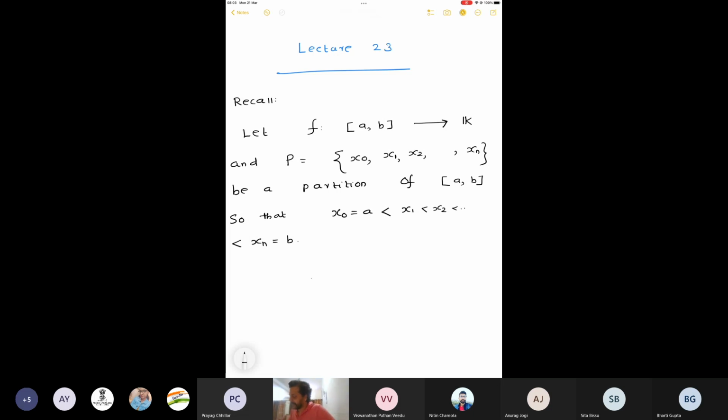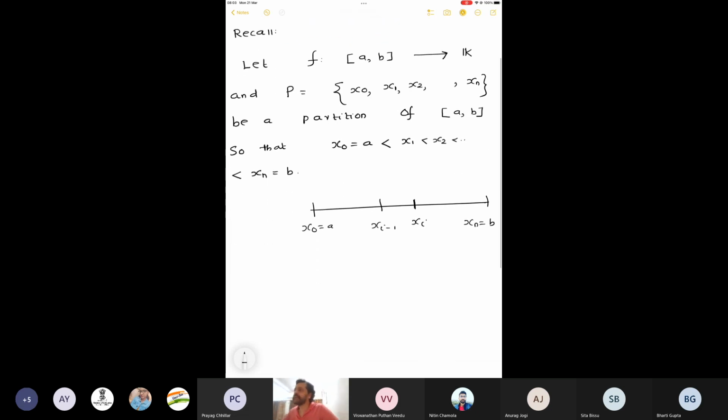You consider a typical subinterval introduced by this partition. Let us say xi minus 1, xi, the ith subinterval, and consider the variation of f on that subinterval.